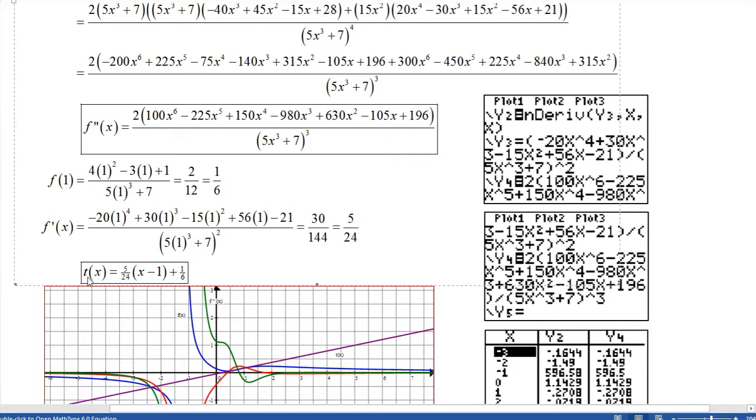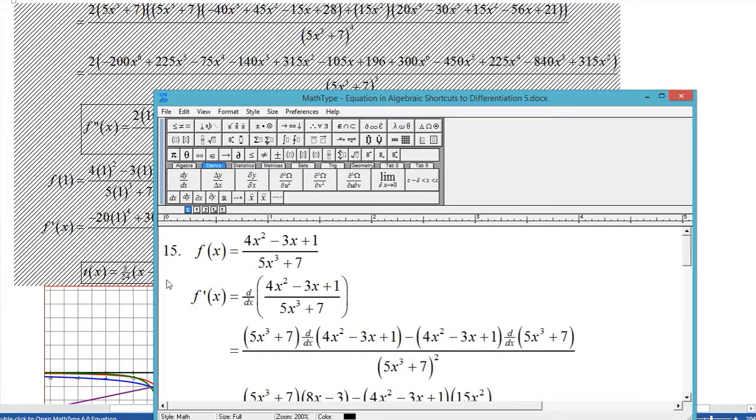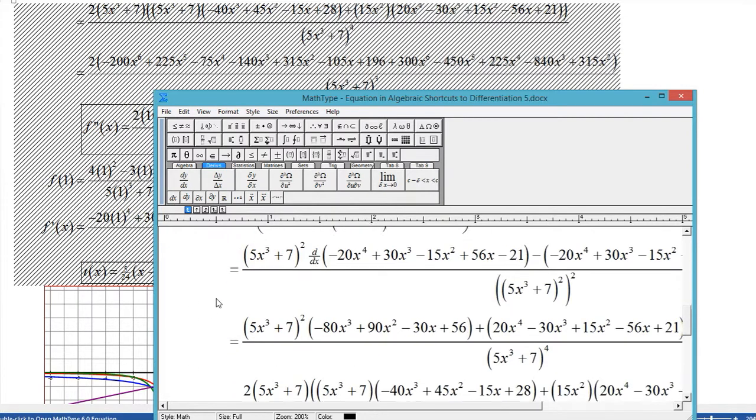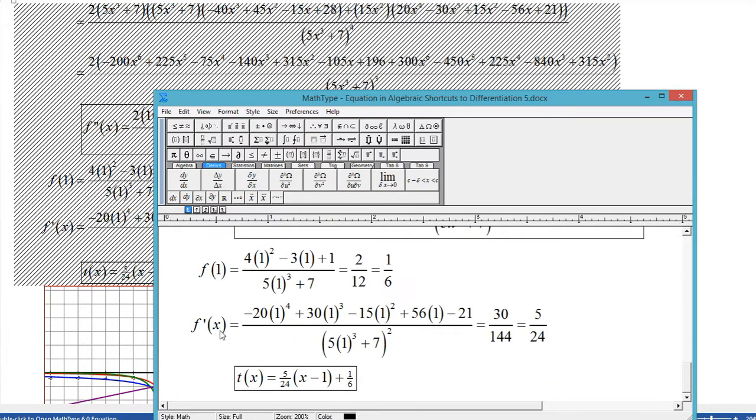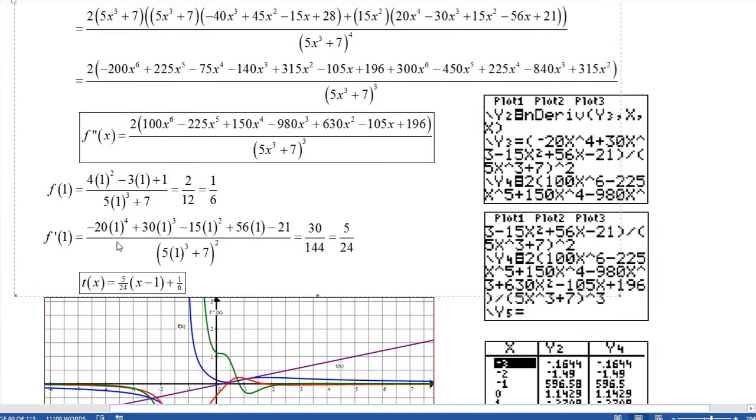So our tangent line is T of x equals the slope, which is f prime of 1. And that should say f prime not at x, but at 1. Okay, which is 5/24. Then you have x minus 1 plus the y value 1/6.